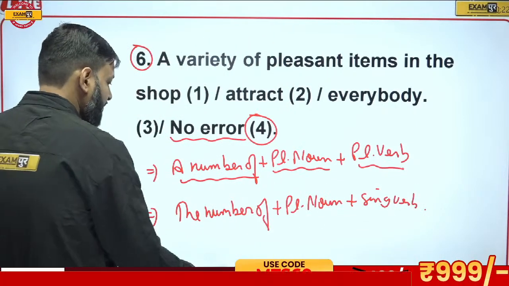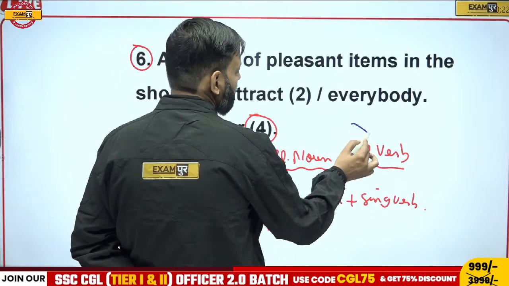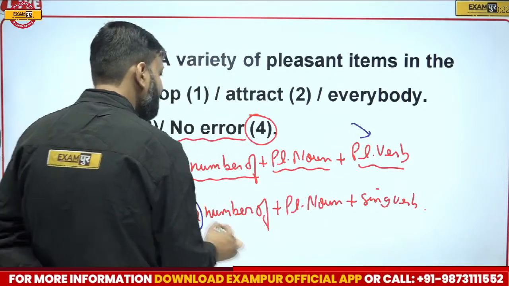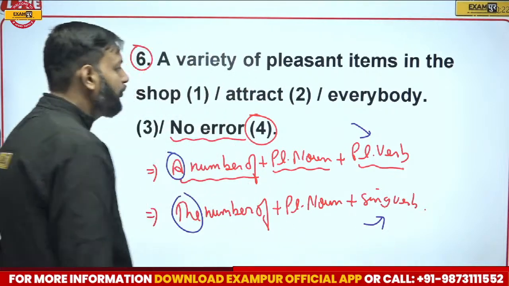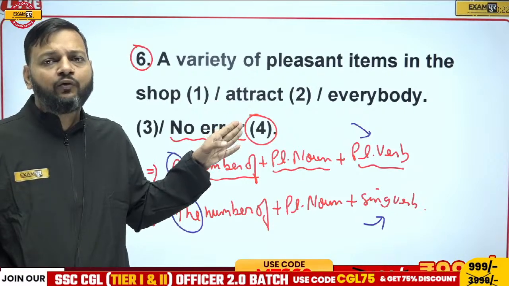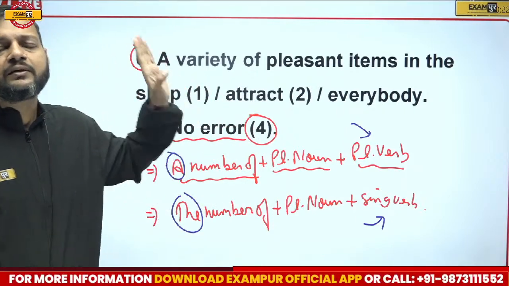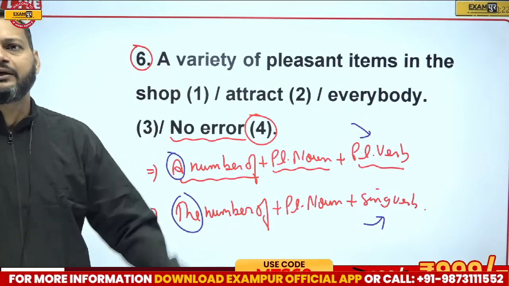So when it is a number of, we need plural verb, and when it is the number of, we need singular verb. So the word attract would have been attracts if there were the in place of a.